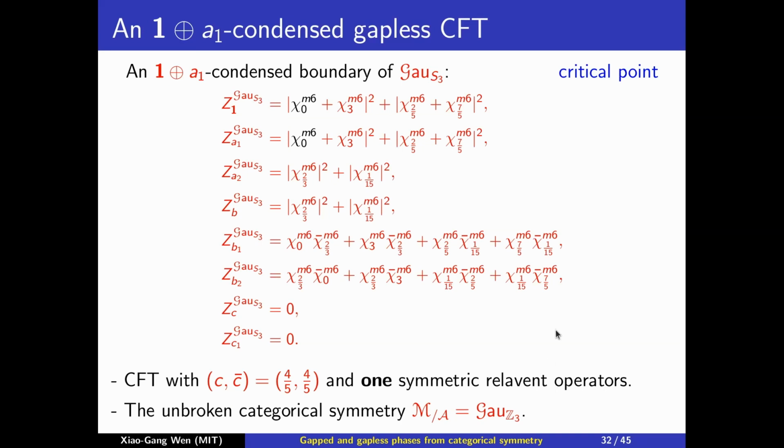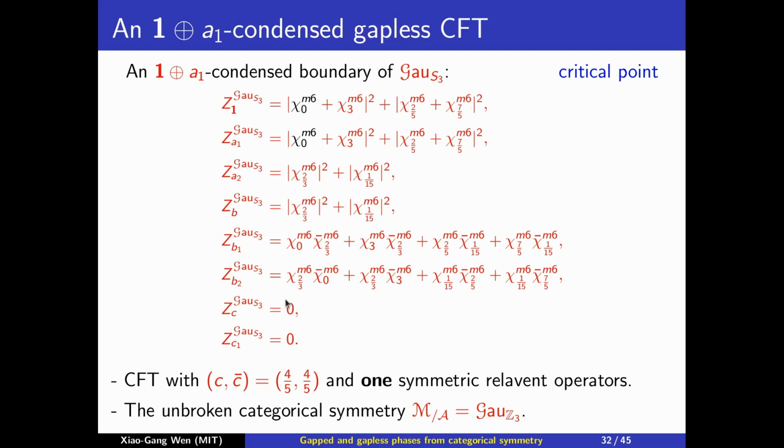Okay, then for the other boundary, here I took the 1 + A condensed boundary. And this boundary's CFT, you can see the pattern: there are two chi0 squared appearing in the 1 and A components. So this is a non-trivial condensation.